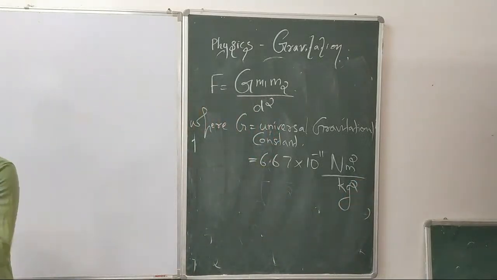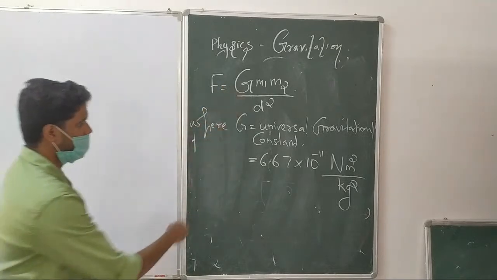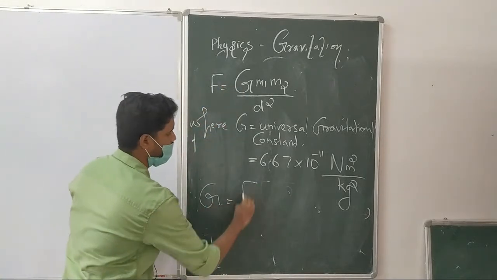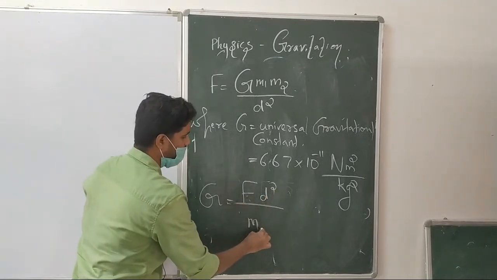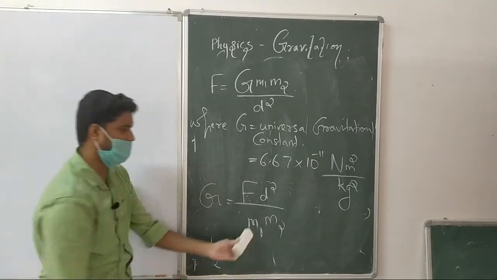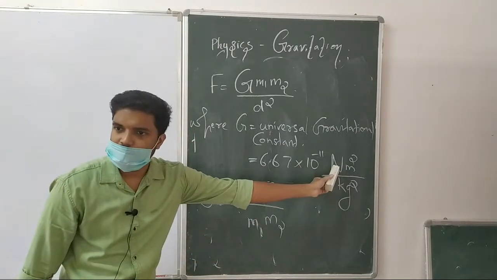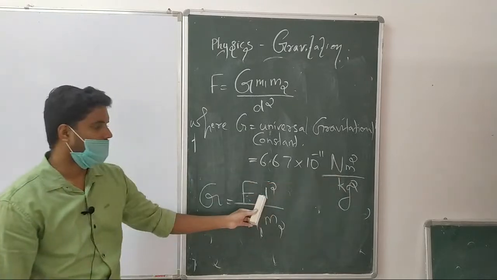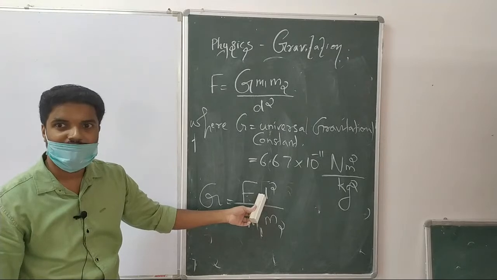Right? So can you find an equation for G from here? Yes. G equals F d square by m1 m2. That's why I wrote this unit here. F unit is Newton. D is nothing but a length, not a distance.